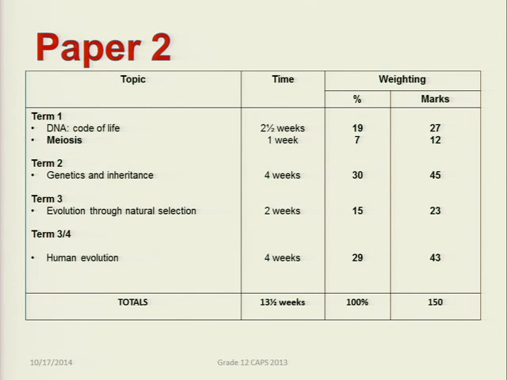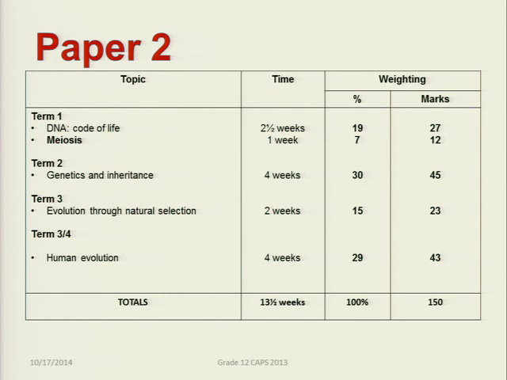And then the last point is human evolution under natural selection. Under natural selection, we have to start with the evidence of evolution. There are 5 aspects of evidence of evolution that we're supposed to study.